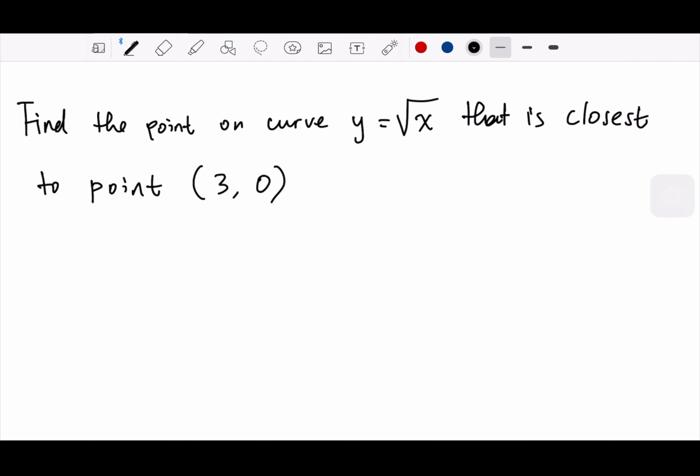Okay? Now, if we have this curve asking for the closest, we need to find the point on the curve of this one that is closest to the point (3, 0). So first thing, draw this curve, and you can just pinpoint any point on the curve, because that is our goal, to find which point. So let's just draw first.